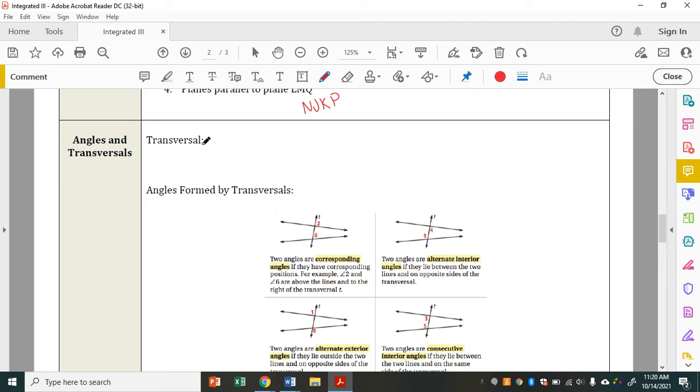The first thing we need to define is a transversal. A transversal is a line that intersects two other lines, and that intersection forms 8 different angles.